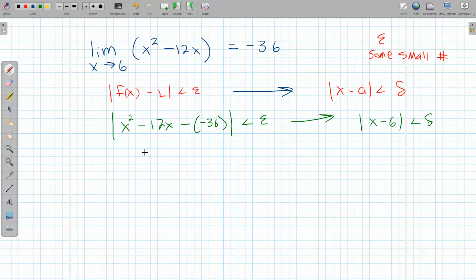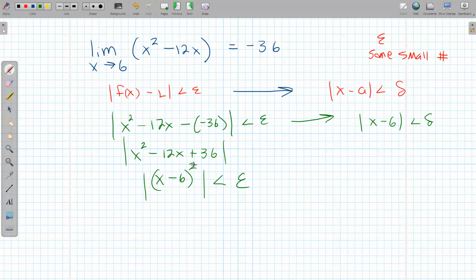All right, what do we got here? That gives me x squared minus 12x plus 36, which factors as x minus 6 times x minus 6, or x minus 6 squared. So put the absolute values back in here.